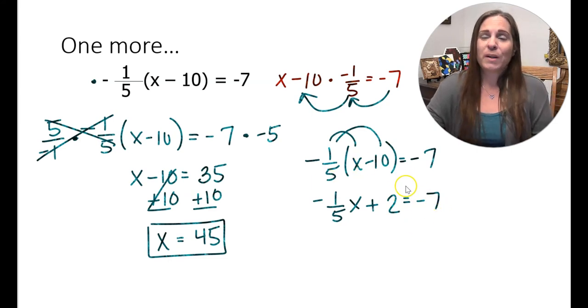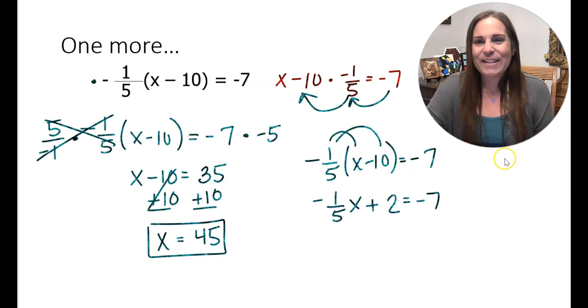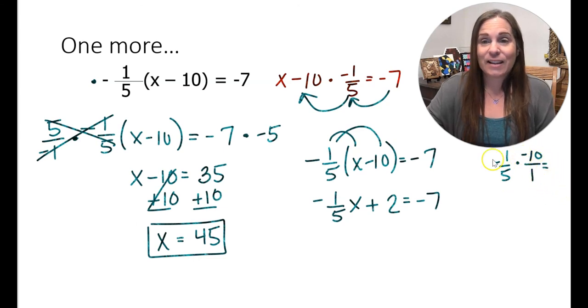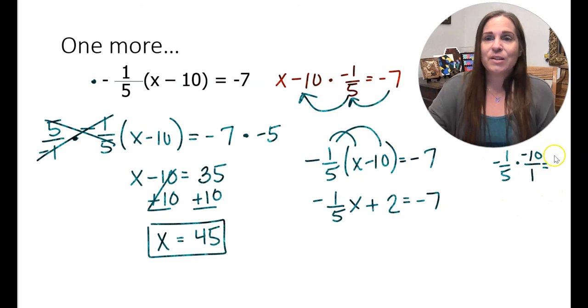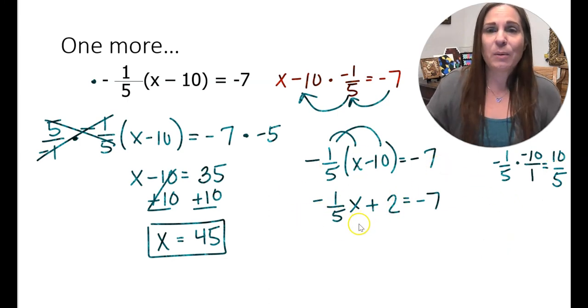And if you're not sure about that fraction multiplication, just check me out over here off to the side. You would have -1/5 times -10 over 1, right? Negative times a negative is positive, so you would get 10 over 5, right, which is 2. Okay, so let's keep going.